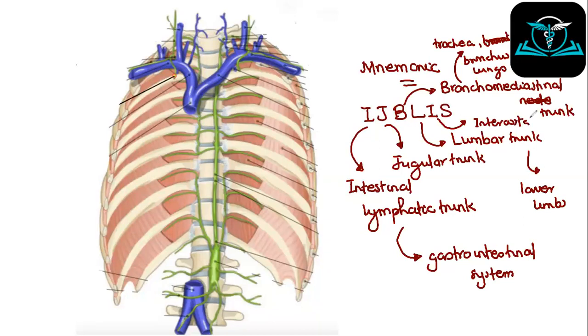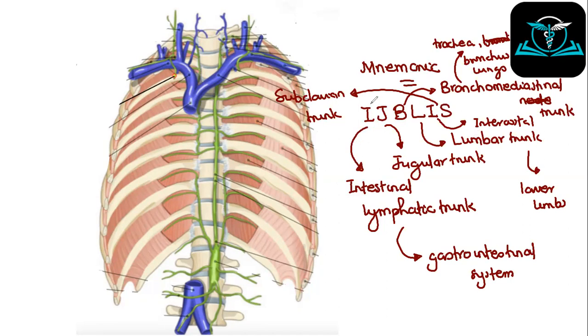So they drain the lymphatic vessels from the medial parts of the chest wall. Then lastly, the S stands for the subclavian trunk. So these would bring lymph from the upper limbs and then the lateral parts of the chest wall, and even the part of the abdominal wall above the umbilicus.